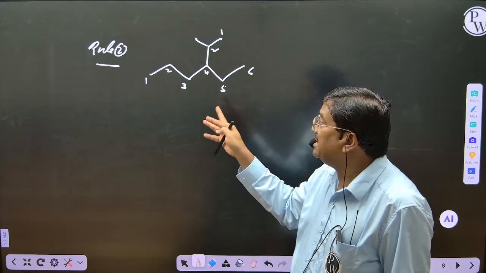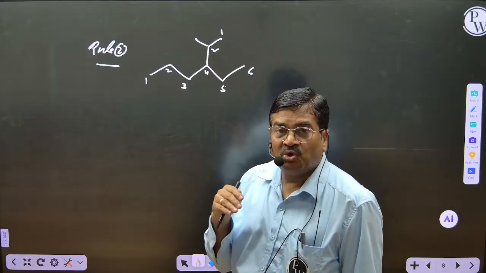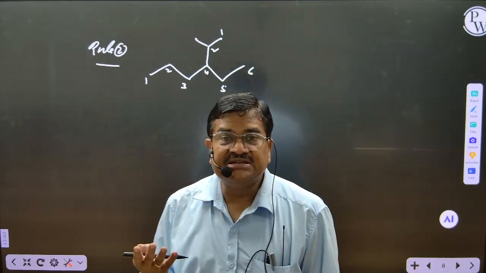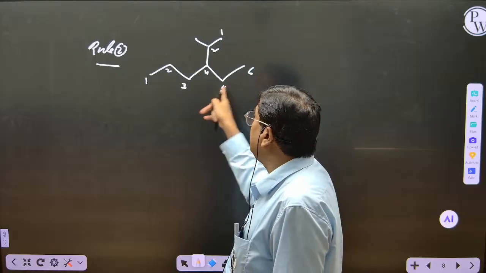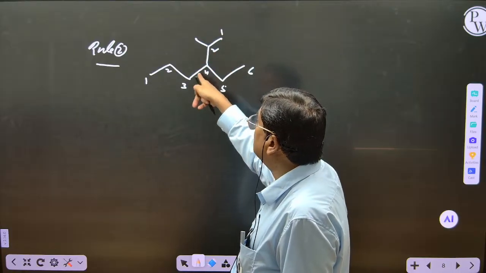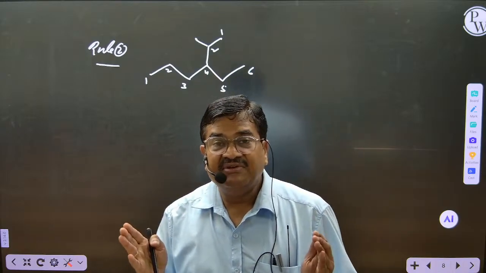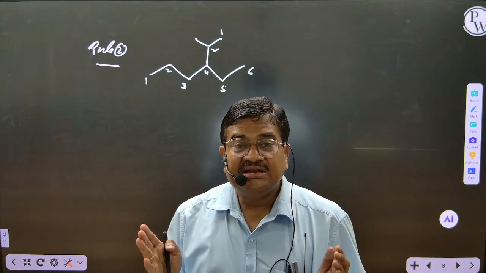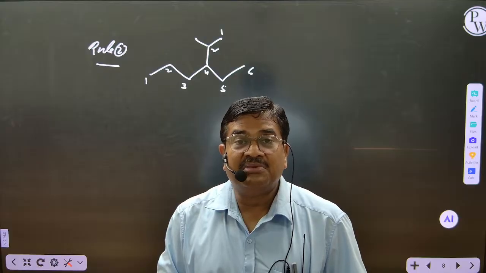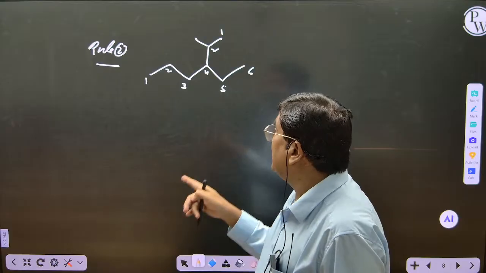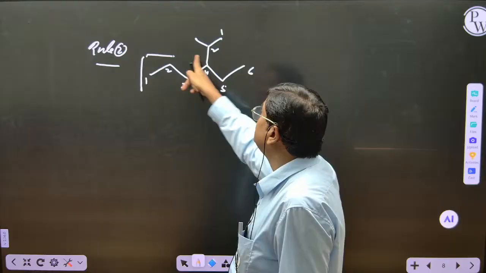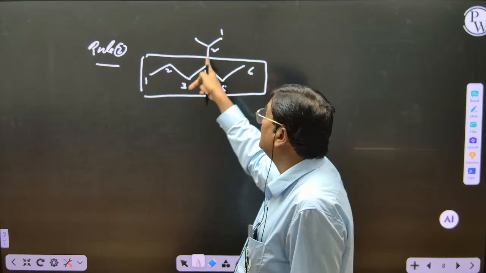Now see, we will be in a dilemma. That means both parent chains are coming 6 and 6. Getting the idea? When I go straight, I am getting 6. When I come from the top also 6. Then what does the rule say? If the parent chains have the same number of carbons, then select the parent chain with more number of branches. If I go straight, how many branches am I getting, student? Only one branch. Do you agree?